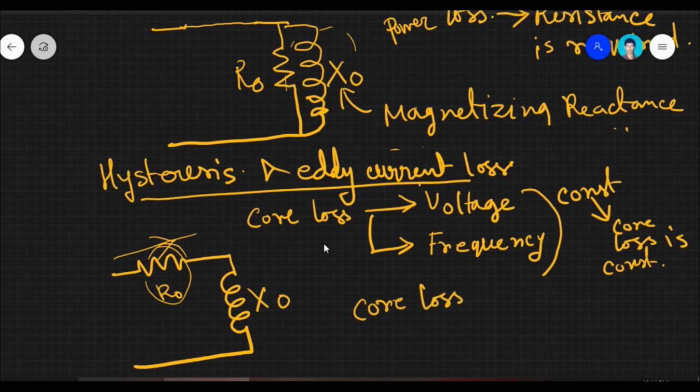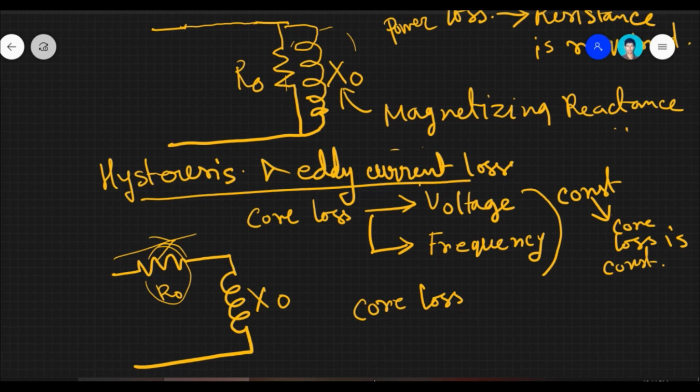Had we placed this R naught in series, then the core loss would have followed the loading of our transformer. If we load more, then core loss will increase. If we reduce the load or remove load from the secondary, then core loss should also reduce.